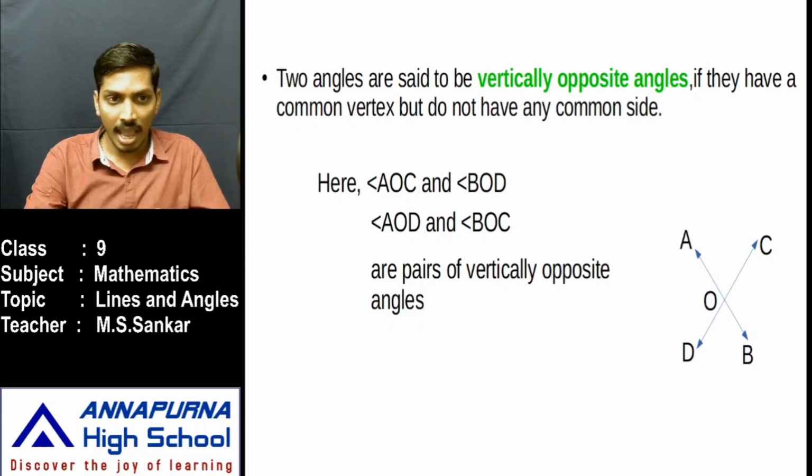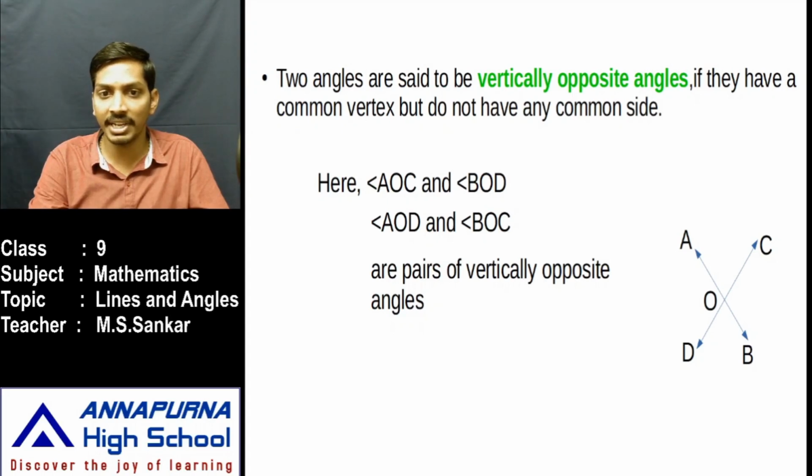Angle AOC and angle BOD are vertically opposite angles. This is one pair of vertically opposite angles. Next, angle BOC and angle BOD are adjacent angles, not vertically opposite angles. So angle AOD and angle BOC are vertically opposite angles. This is the other pair.